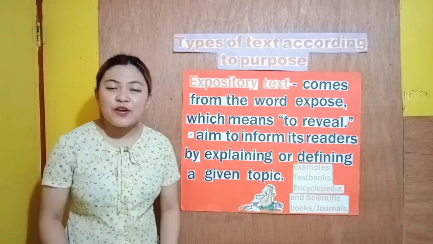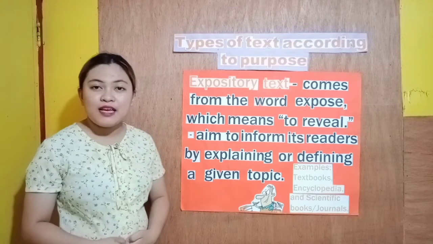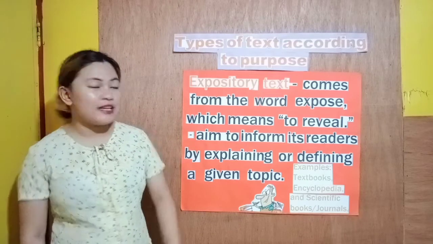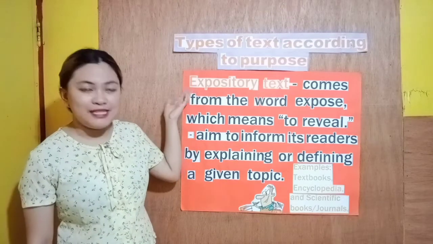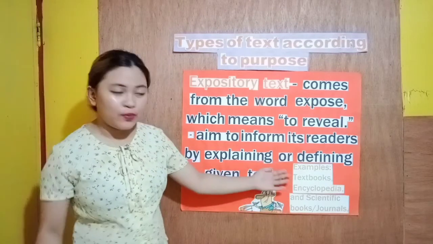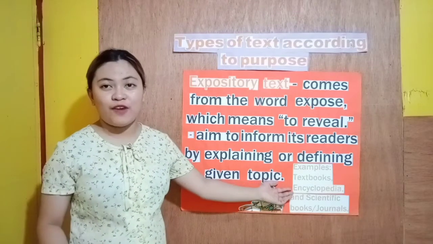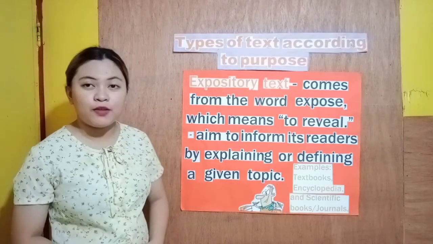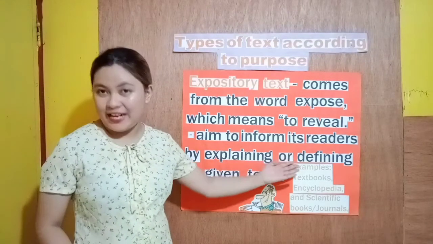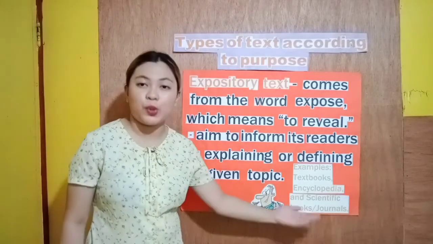So it clarifies something about a given topic which seems unfamiliar to the readers. That is what expository text means. Some examples of these are textbooks that we're using, encyclopedias where we can find meanings of a given word, so it is explaining or defining, and scientific books or journals.